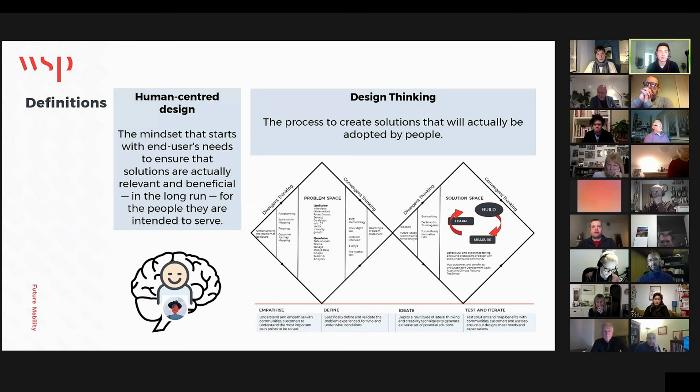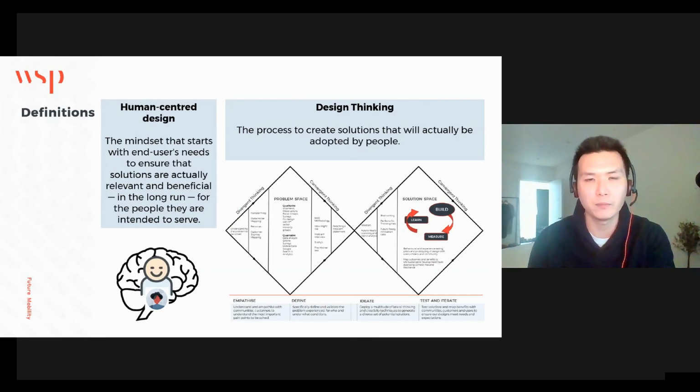So really, this is a process to create solutions to help us understand what people will need. So we've got the divergent thinking and the convergent thinking, and really there's 4 steps. So there's empathize. So really put yourself in the shoes of your users. Define the problems. Ideate.